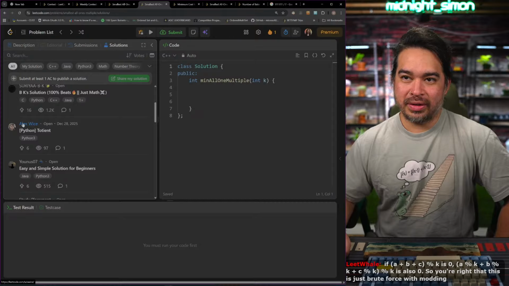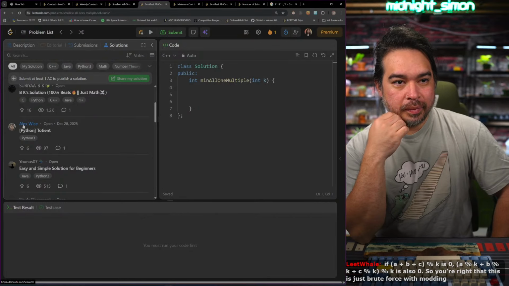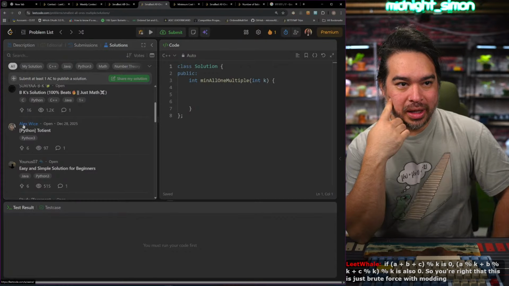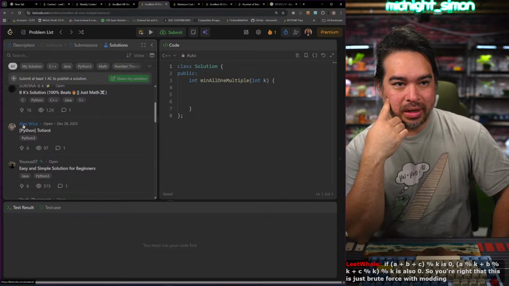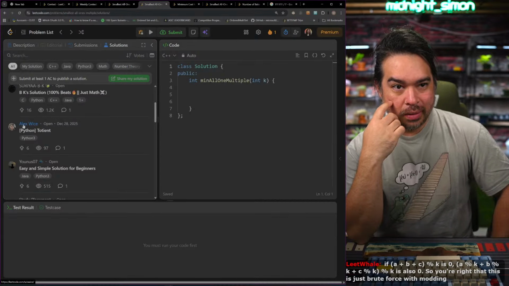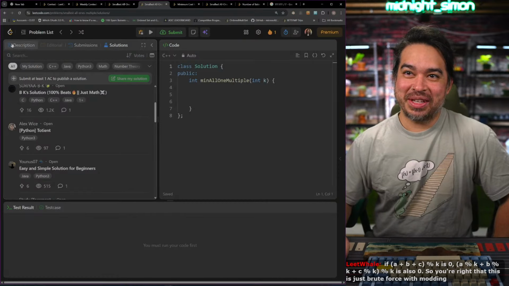That's crazy. If a plus b plus c mod k is 0, a mod k plus b mod k plus c mod k is also 0. So you're right that this is just brute force with modding. Yeah. If I knew how modding works, maybe it would be easy.